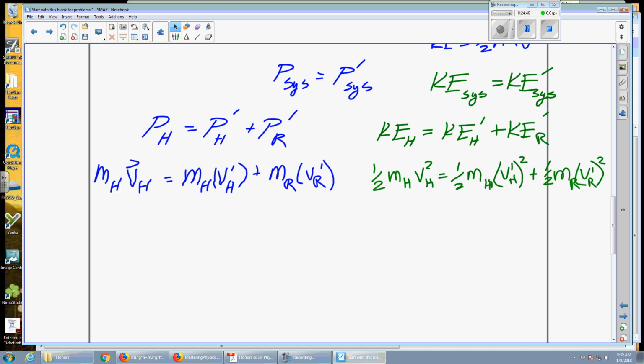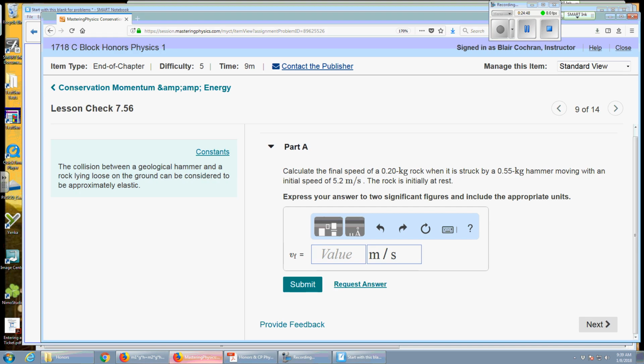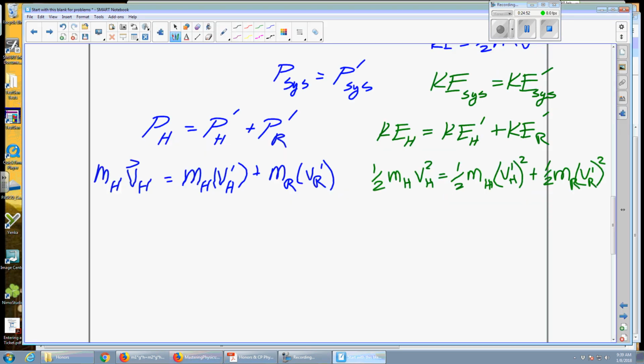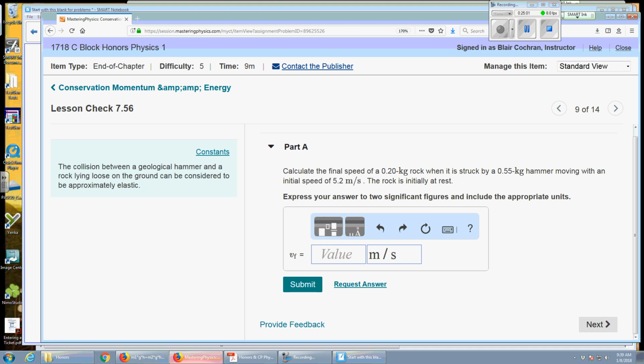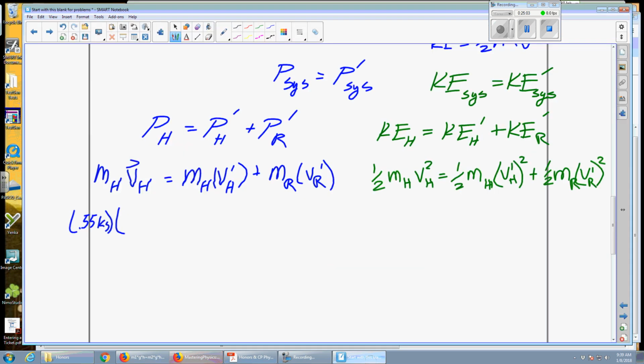So let's see. Substituting in 0.2, 0.55 kilograms. Velocity of the hammer is 5.2.